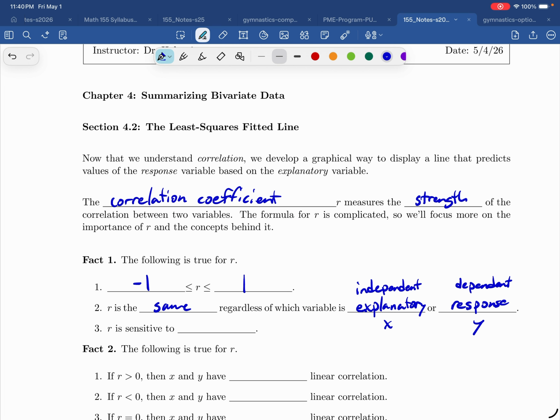If you want to use the age of a car to try to predict the number of miles on it or its worth, you would make the age of the car the independent variable, and then the mileage, the y variable, right? Because you wanted to use the age to predict the mileage. Okay. Also, R is sensitive to outliers.